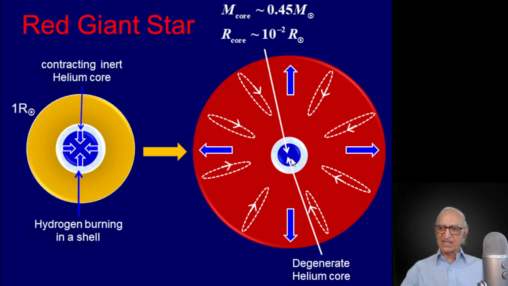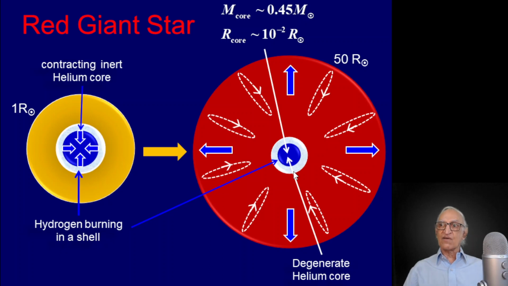A degenerate helium core. An inert helium core contracts, becomes degenerate. During the contraction, gravitational binding energy is released, which expands the rest of the star.